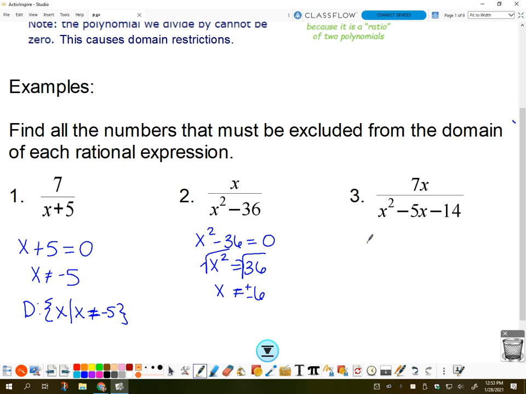Okay, so number 3, we need to know when the denominator is 0, so we know what we cannot have for x. So this guy, we're going to have to factor. So we'll have x and x, and we'll have a -7 and a +2, because that would give me +2, -7, that's my -5.